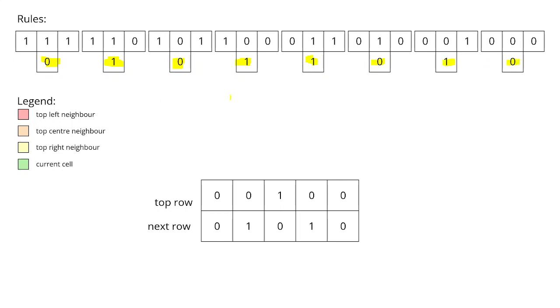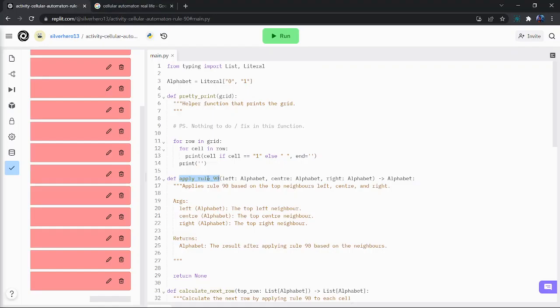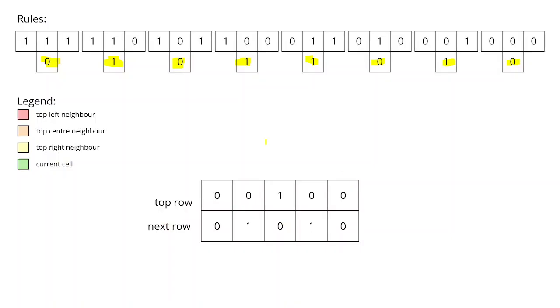Okay, so I hope that's clear. So basically, kaning apply rule 90 nga function, mag-if else gyud man. If ingani ang left, center, and right, then return kani. If ingani ang left, center, and right, then return na pud kani. So simple.